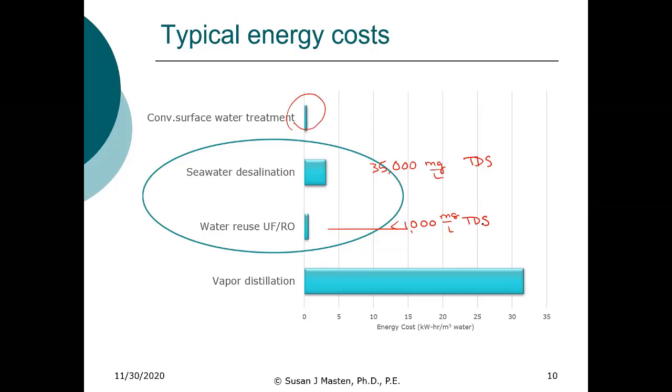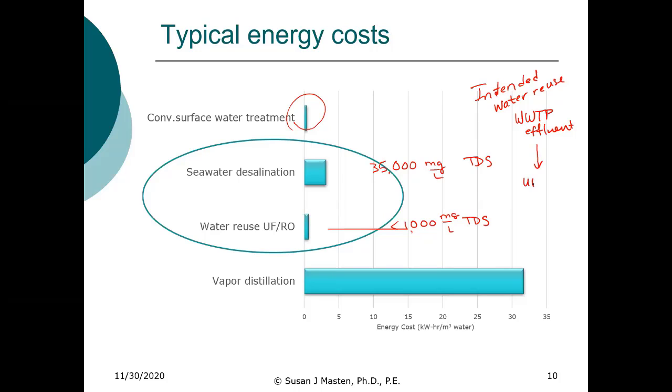Now, when we talk about water reuse, often what we're talking about is what we call intended water reuse. So we take wastewater effluent, we're passing that through ultrafiltration and RO, and we're producing water that could be used for potable water.